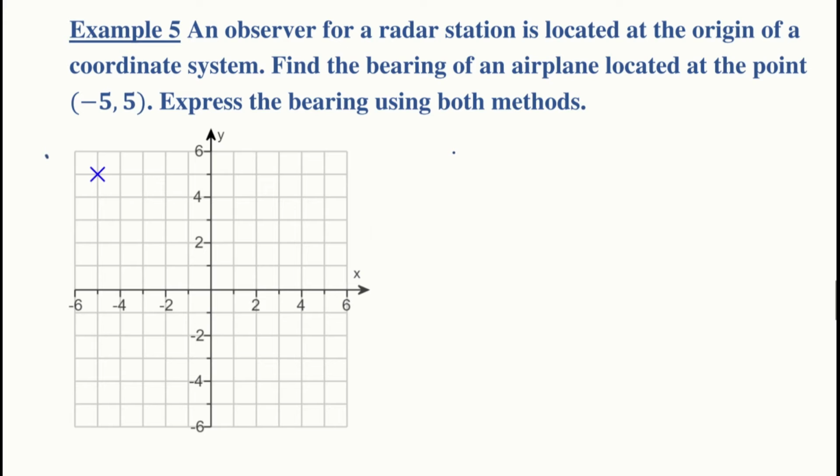let's see if I can get my line drawer. All right, so notice that basically we're going to start from the north location, a northbound line like this, and we're going to rotate clockwise this amount, right?